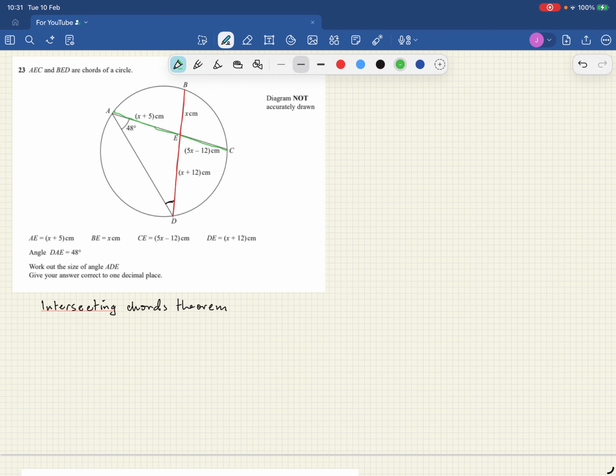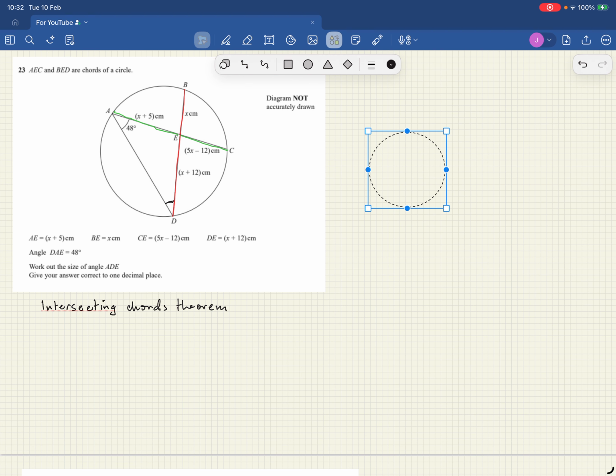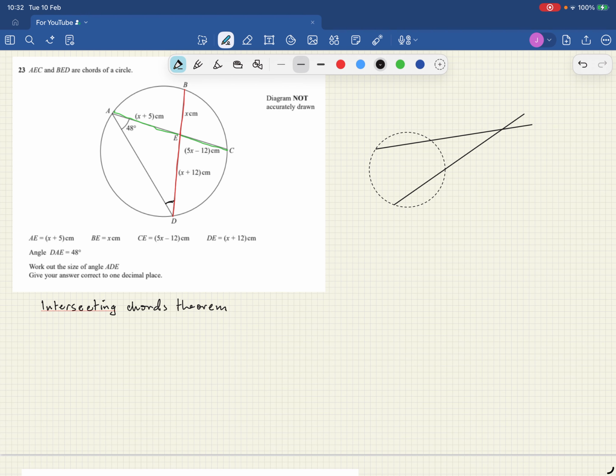And I point that out because sometimes you get a funny thing going on when you've got chords that are outside the circle. So if you imagine chords where the intersection is outside the circle, like this, so the intersection is outside the circle here.